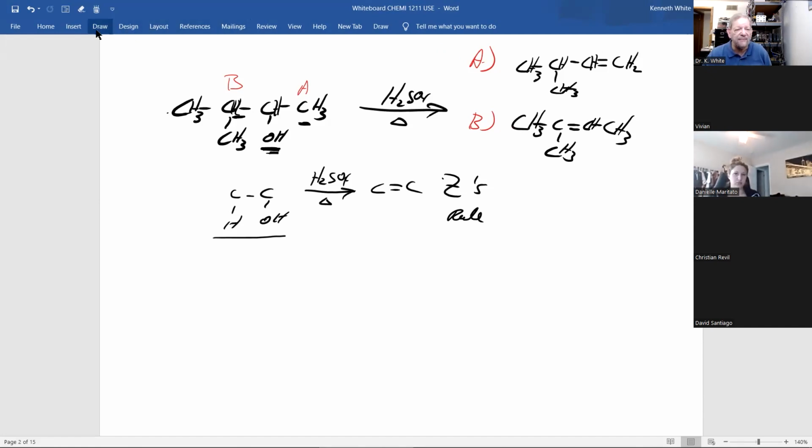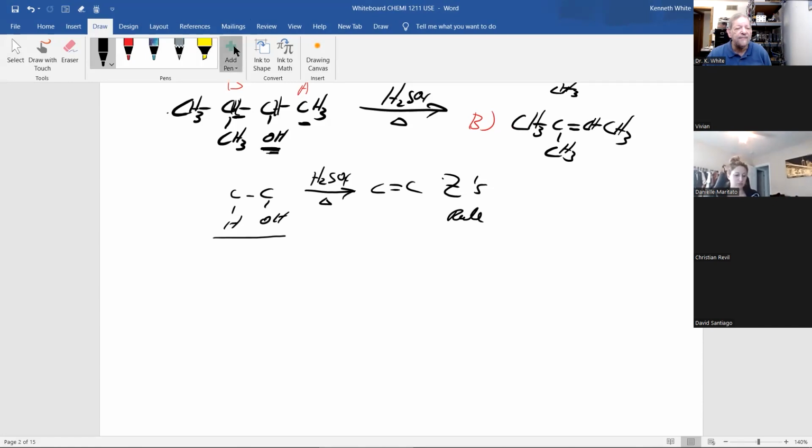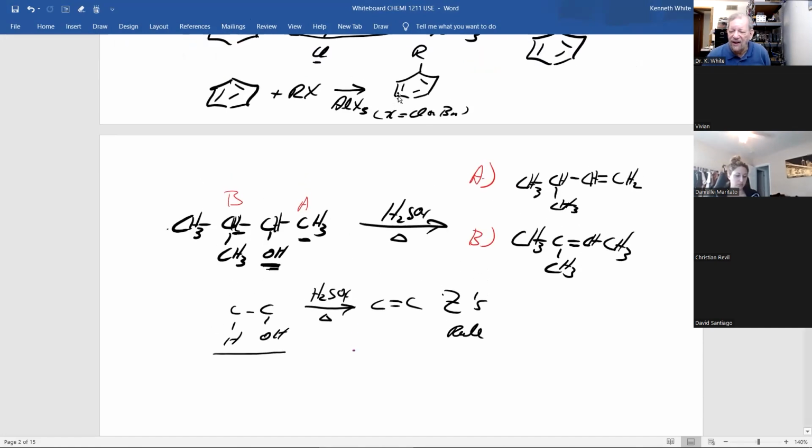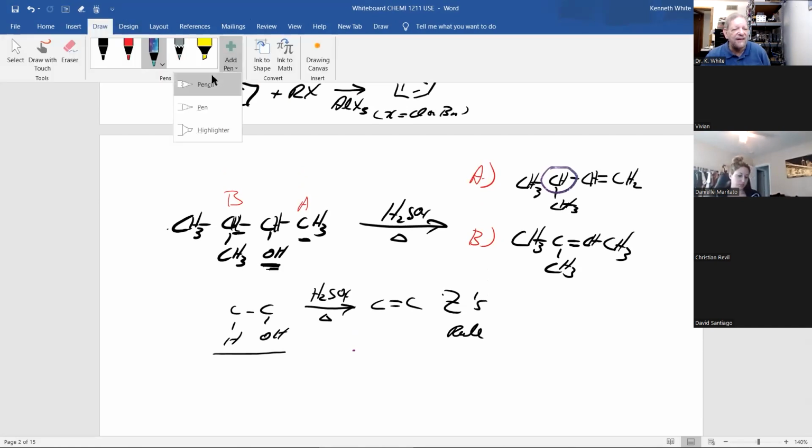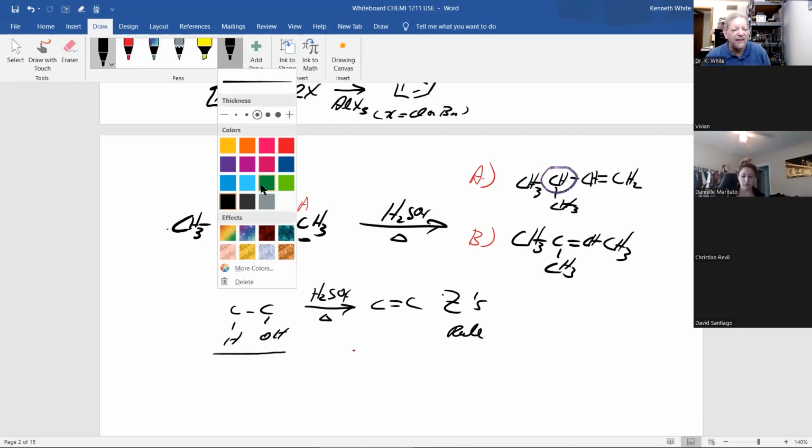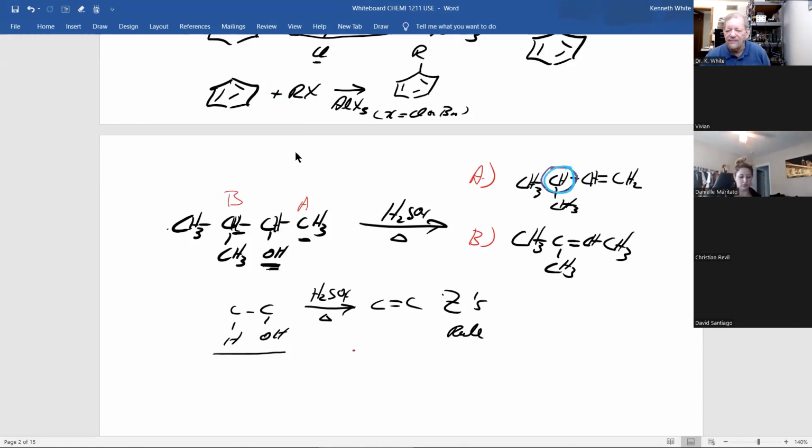Now, if we look at A, how many carbon atoms are directly bonded to the carbons of the double bond? And the answer is 1. Hold on 1 second. If we look at B, how many carbon atoms are directly bonded to the carbons of the double bond?